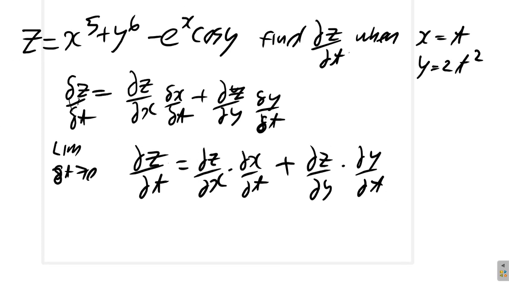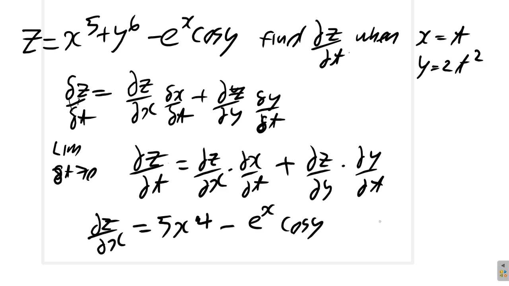What's the partial of z with respect to x? So I'm looking at it here. It's 5x to the 4th minus e to the x cos y. Alright? What's the partial of z with respect to y?